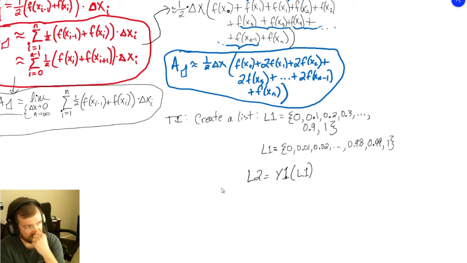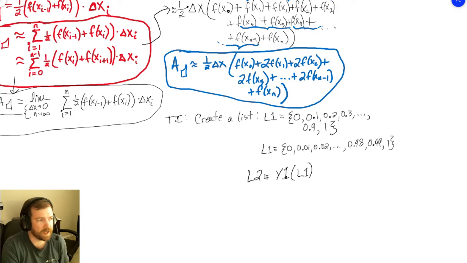So anyway, if you take L2 to be equal to y1 of L1 as function notation, then all you really need to do is look at this and say, okay, I'm going to take the sum of all of the things that are in my list.